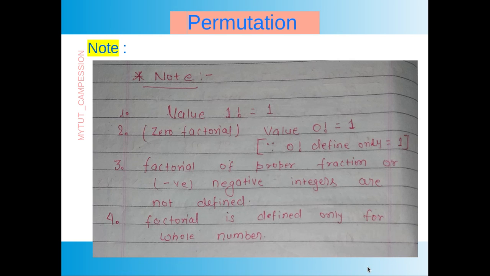Now note, here are some notes. The value of 1 factorial is 1, and the second note is the value of 0 factorial is 1, because 0 factorial is defined as equal to 1.